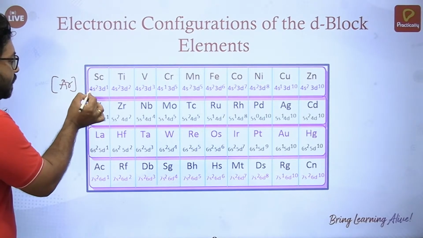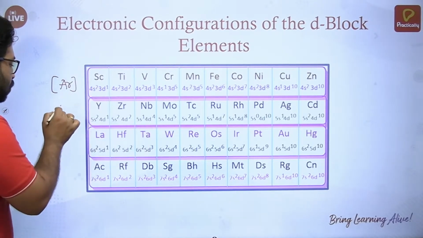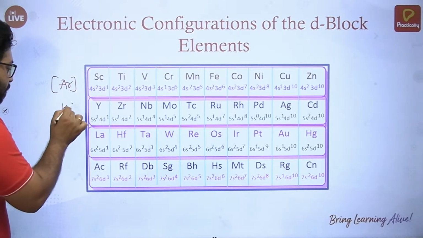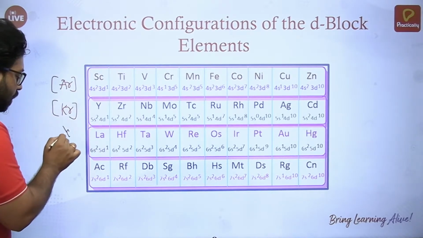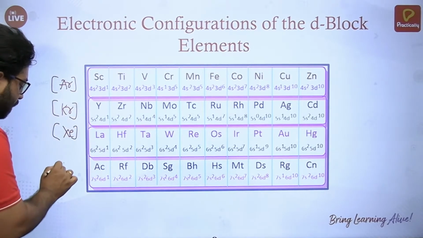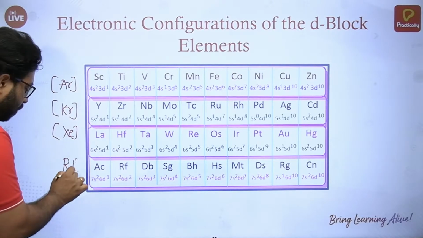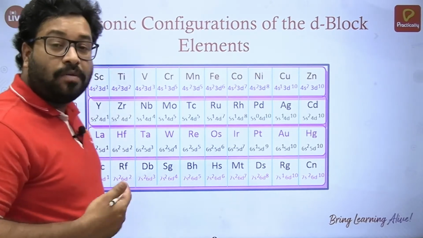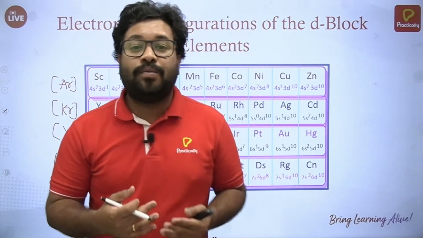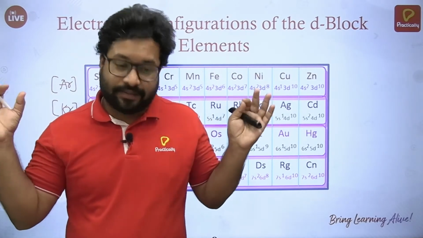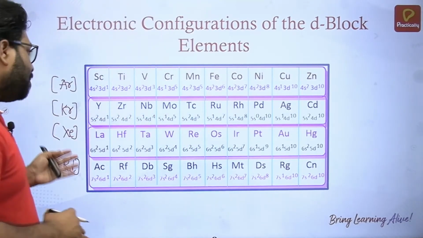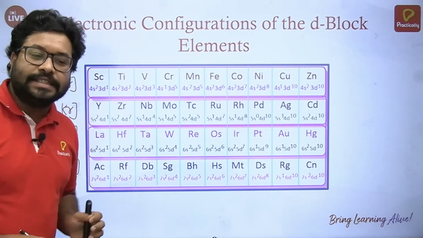Then 19, 20, 21, like that. Here you have krypton, here you have xenon, and here you have radon, right? Those are your noble gas electronic configurations. After them you start with these metals.